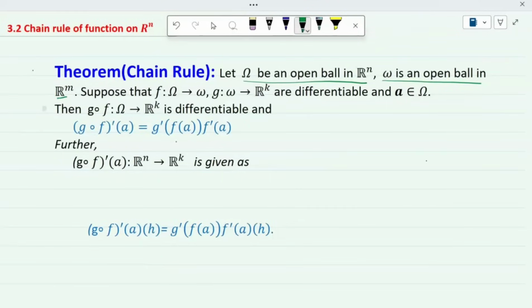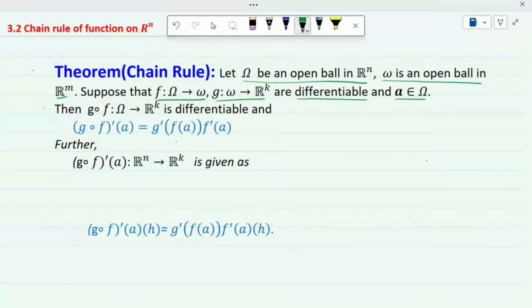We are defining functions f from Omega to omega, and g from omega to Rk, and those functions are differentiable.